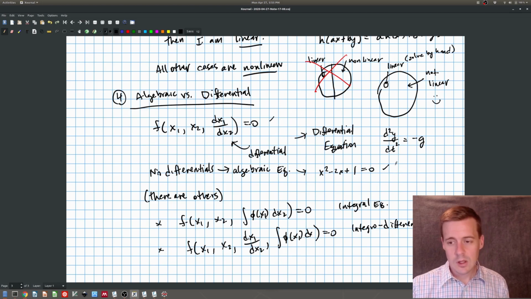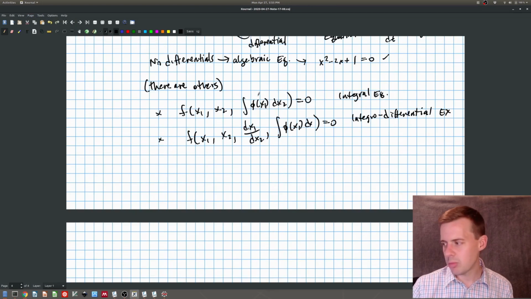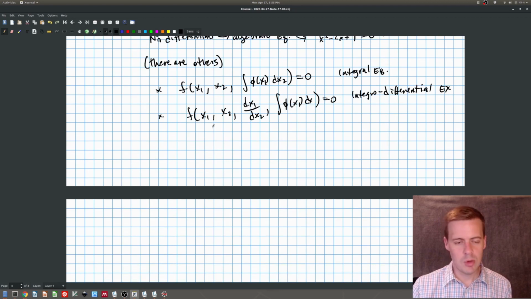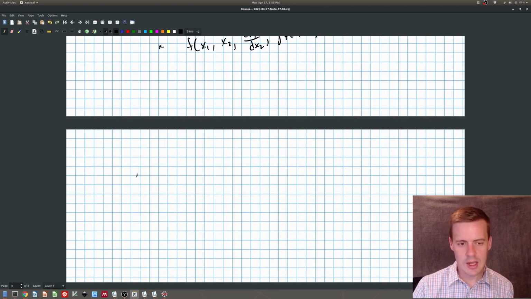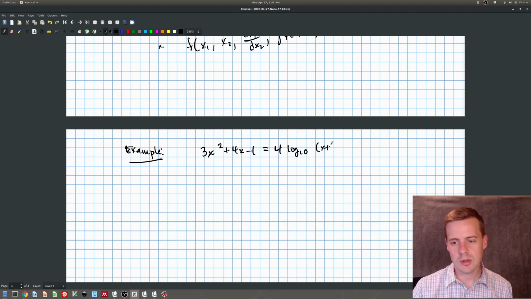Okay, so I think if you are sitting here, maybe you're a little bit bored, hopefully not too much, I'd like you to take a quick second and try an example. See if you can categorize them. Let's take our first one that we did way up at the top, 3x squared plus 4x minus 1 is equal to 4 log base 10 of x plus 3.